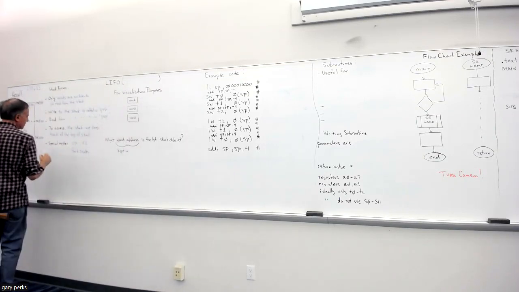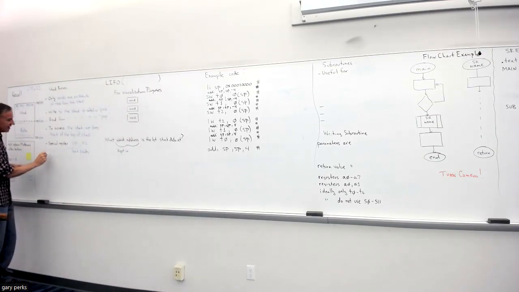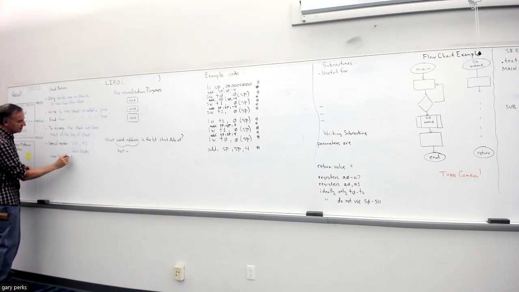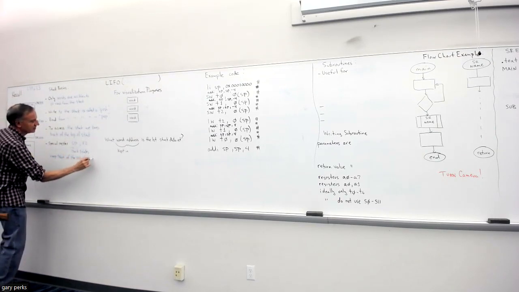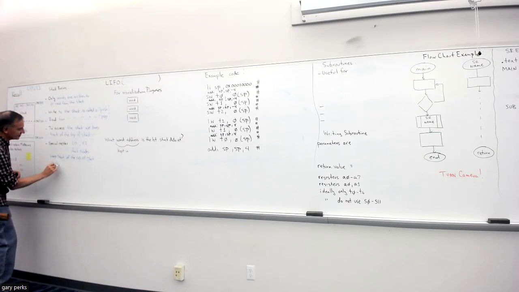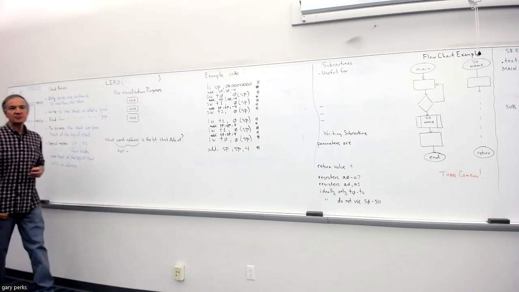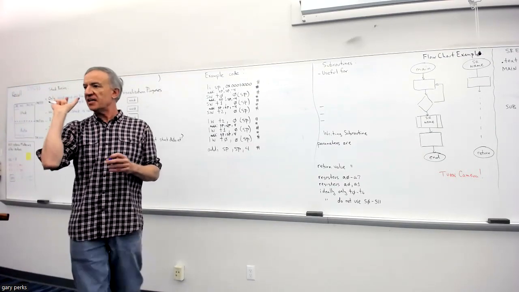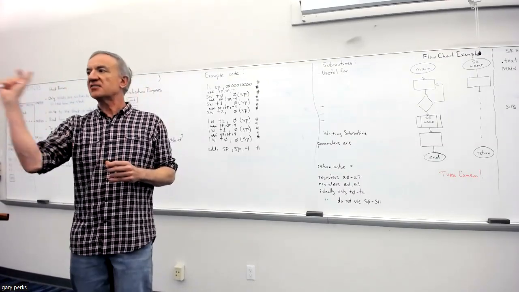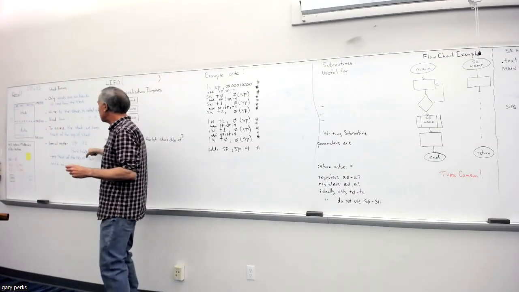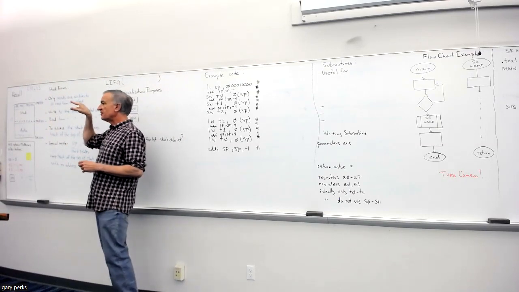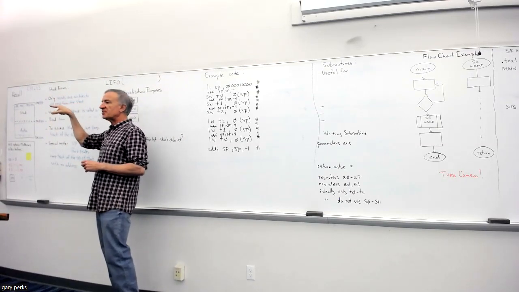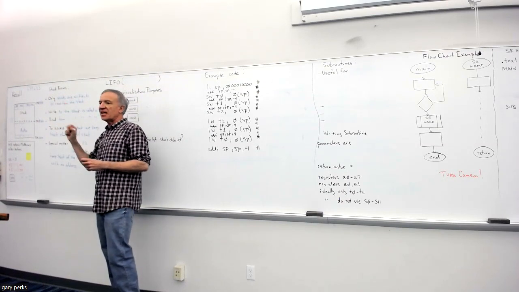But you see, what the stack pointer does is it keeps track of the top of the stack with an address. So the stack pointer is always going to have an address that's the top of the stack. And that's what we mean by a pointer. You can think of it as always pointing to the top of the stack because it has the address of the top of the stack at all times.